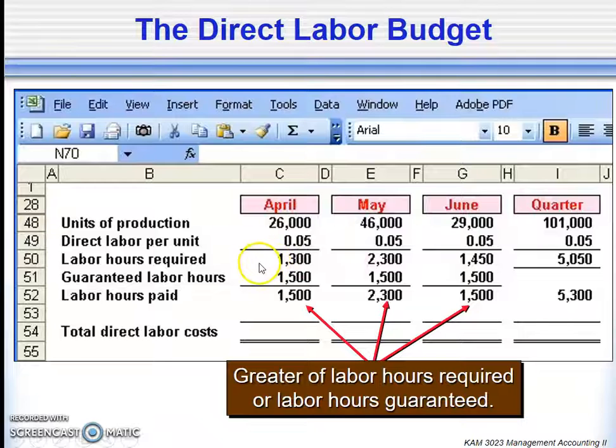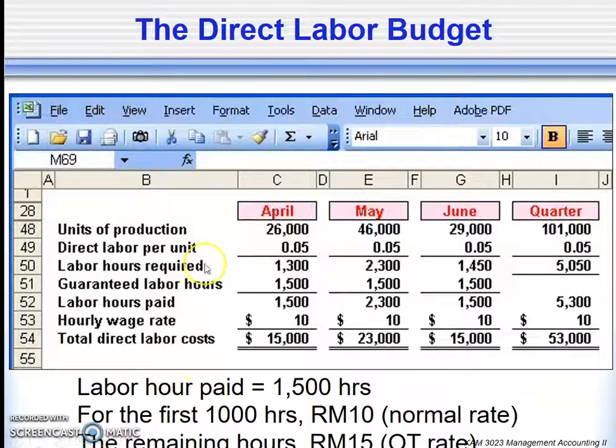Even though April is less than that, we have already guaranteed to pay not less than 1,500. If it's more, then it's okay. If less, then we still put 1,500 according to the information. The hourly rate is 10 ringgit, and we get the total direct labor cost for each month.